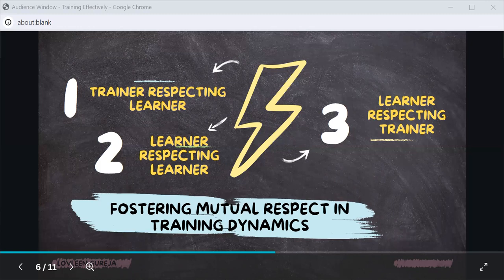Treat everyone with respect, create a positive atmosphere that supports learning. And how can you create a positive atmosphere? By actively listening to participants, by acknowledging them, by appreciating the diverse perspective, the diverse knowledge they bring, encouraging open communication, setting clear expectations for their behavior, for their participation.